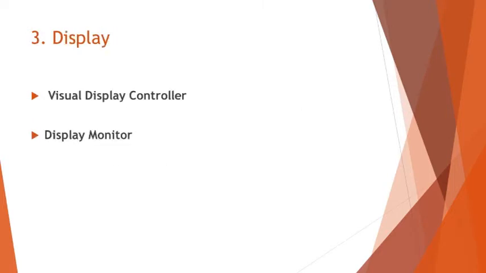Then we have the display. The display can be divided into two segments. The first one is the video display controller and the second one is the display monitor. The display monitor includes the CRT display, LCD display and as well as the LED display.